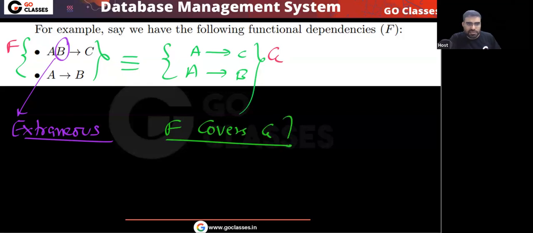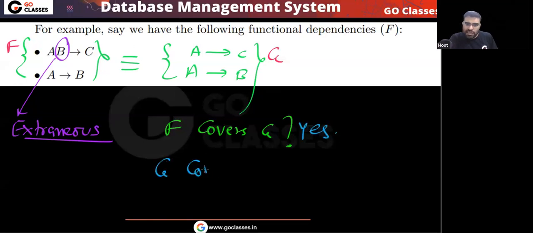Is this covered by F? Yes, in this F, if you find A plus, you will get C. Similarly, is this covered by F? Yes, this is also covered. So F covers G. The answer is yes.